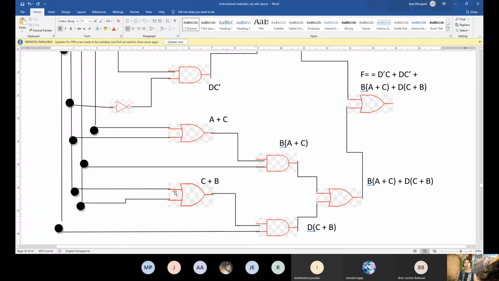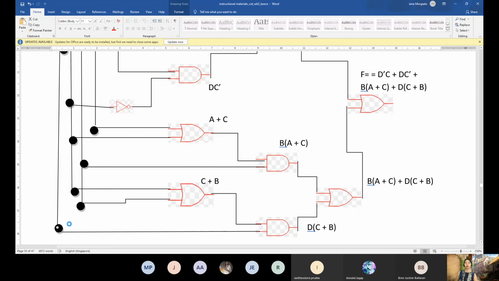And then we have C plus B, so an OR gate, then times D. The output of C plus B is being inputted to an AND gate, and then D. And then what else?